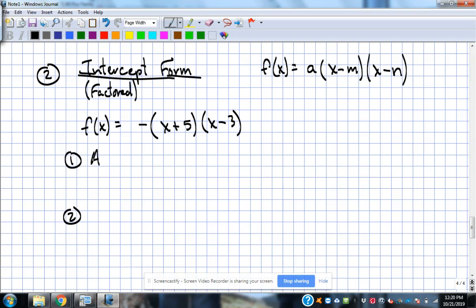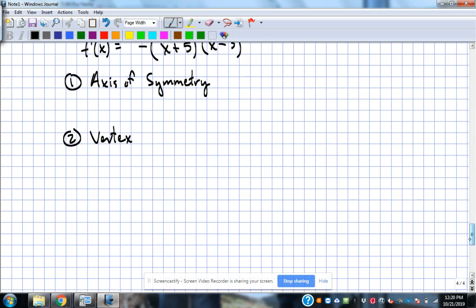We're going to find the axis of symmetry. We're going to find the vertex. We're going to find the intercepts first, though, because the form it's in makes it super easy to find the x-intercepts.